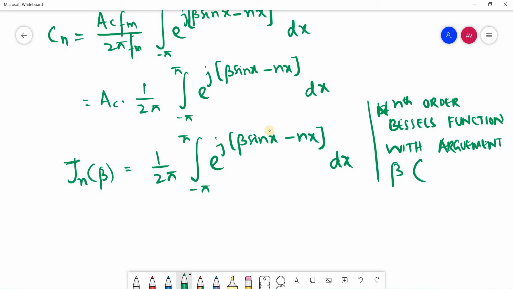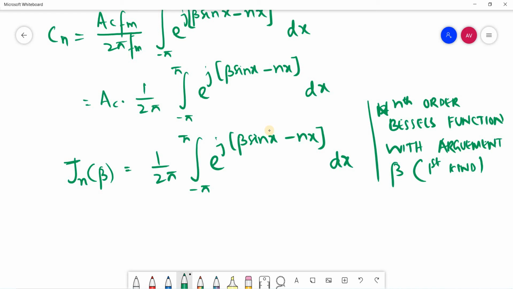This is actually of the first kind. So this is Bessel's function of the first kind. The values of Bessel's functions are standard, just like how you have the normal distribution table. So we can have the standard values of Bessel's function.